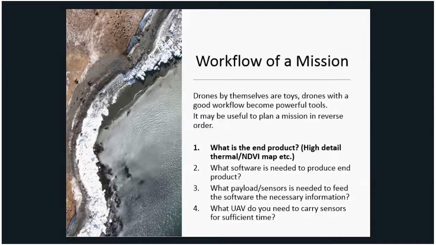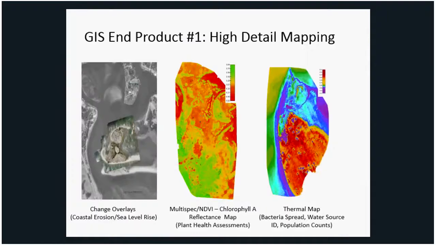So that is essentially what I'm going to go over just briefly, and the different steps to making a good drone mission. So in terms of the kind of products we can produce down at the Marine Lab, these are some examples.